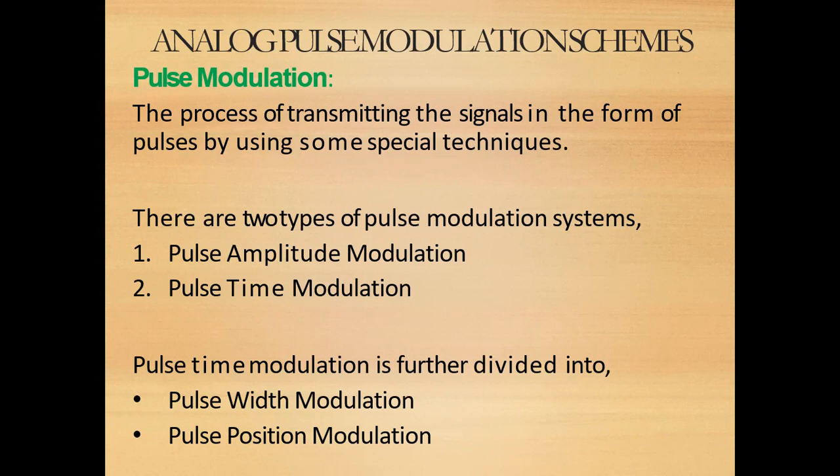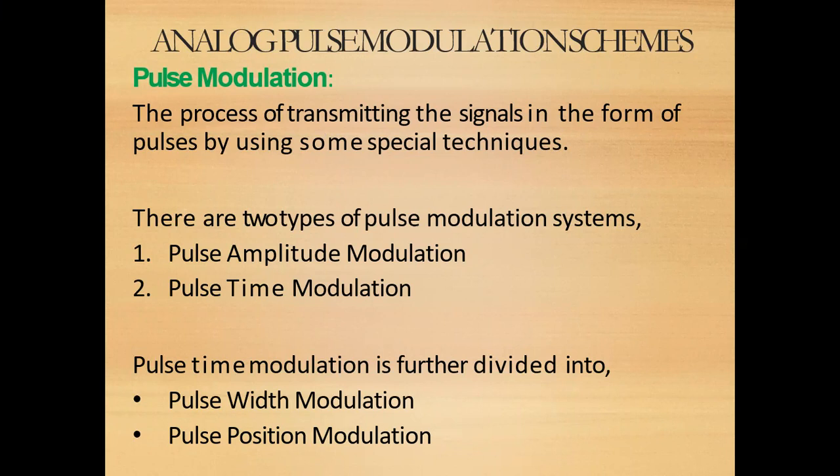First of all, we will understand the difference between analog modulation techniques and analog pulse modulation techniques. In AM, FM, and PM, we use the message signal as a sine wave or cosine wave, that is a continuous wave signal, and the carrier signal is also represented by a continuous waveform, either a sine wave or cosine wave.